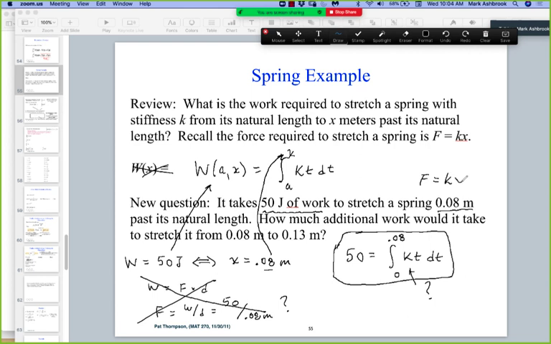Force equals kx, and x is 0.08, but we don't know the force to hold it there. If we knew the force to hold it there, then k would be a cinch: F divided by x. What we know is all the work it took to get it there, and that meant the force was varying along the way. So without knowing that force, we're stuck with this expression to figure out what k is.